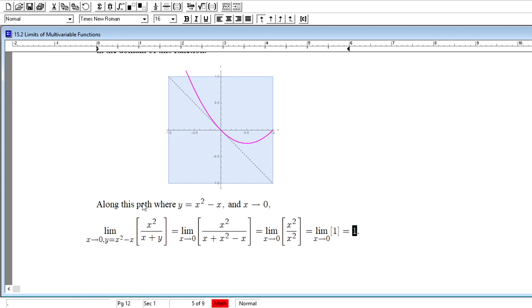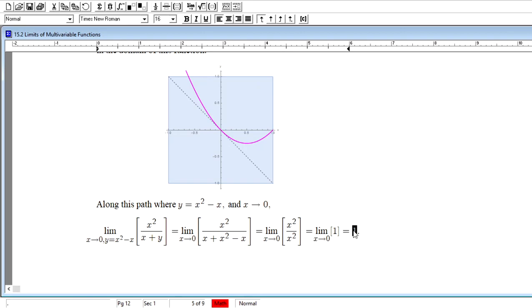Notice, folks, this one path that seems a little obscure in its description, right, does produce a different value for this limit. Note, not every path that passes through that origin, not every approach, gives us the same result here, folks.